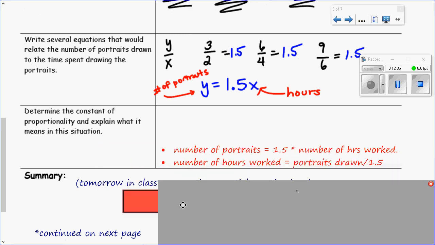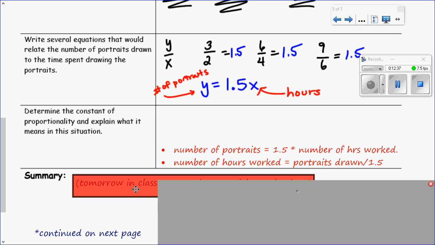Okay, so actually let's go ahead and write this together. Determine the constant of proportionality.